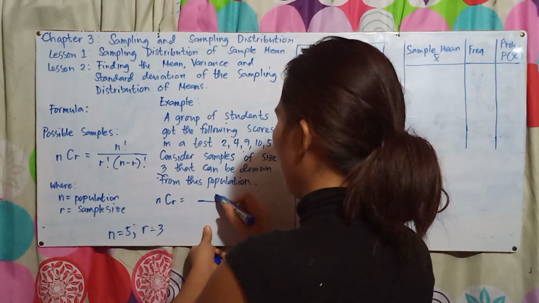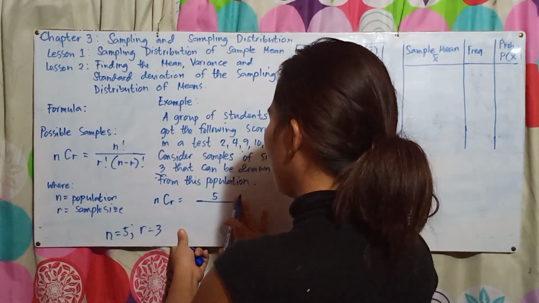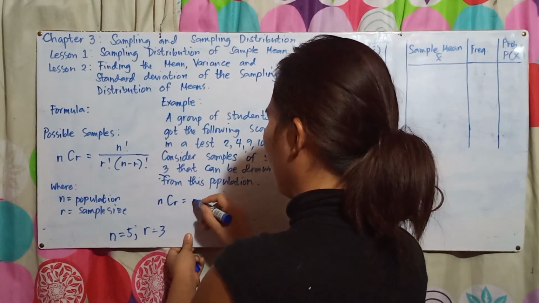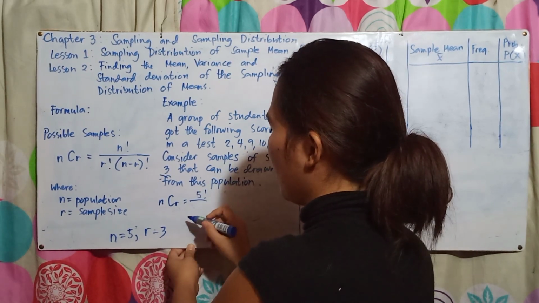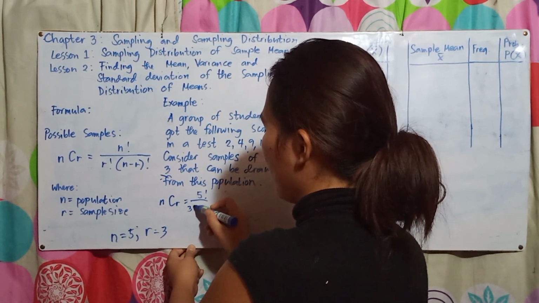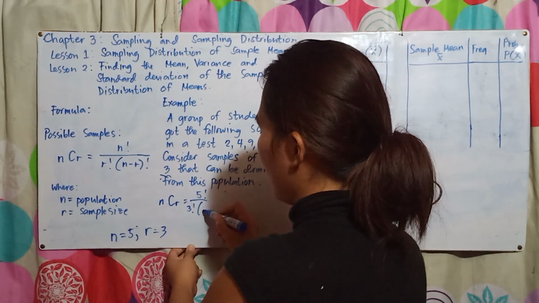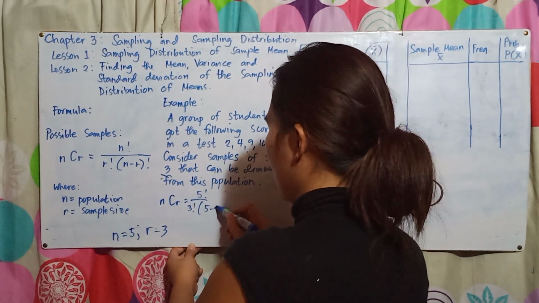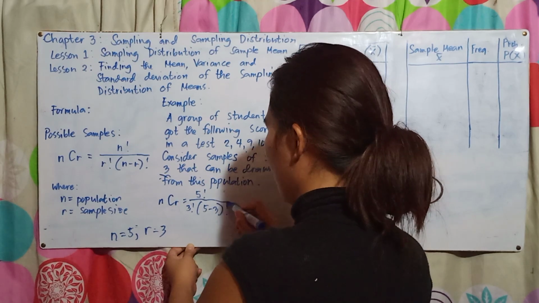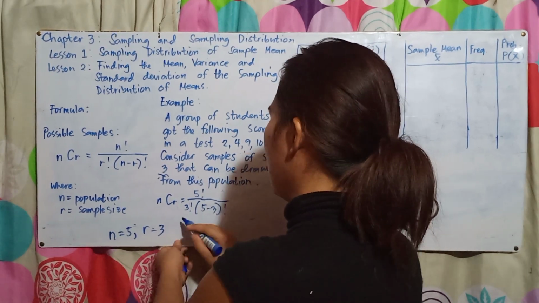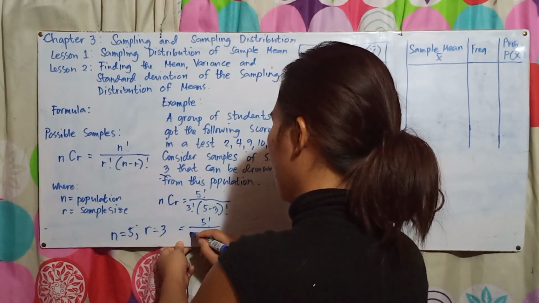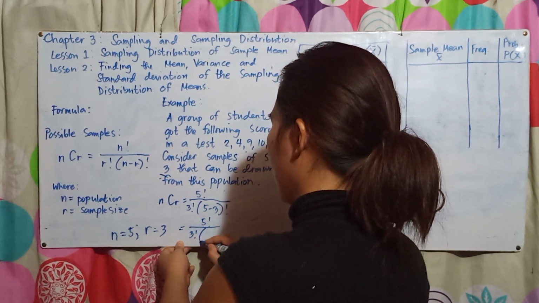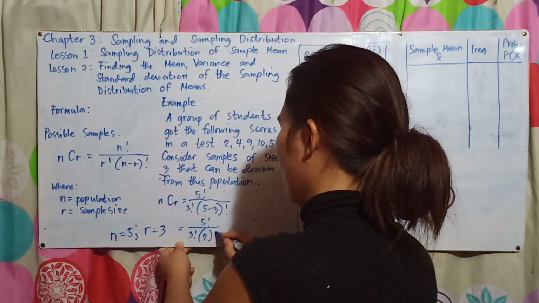So, 5 factorial over 3 factorial times (5 minus 3) factorial, and 5 minus 3 is 2.